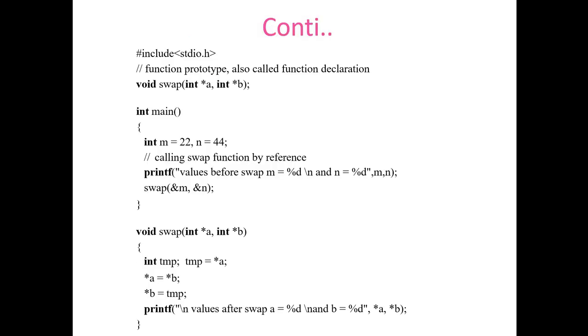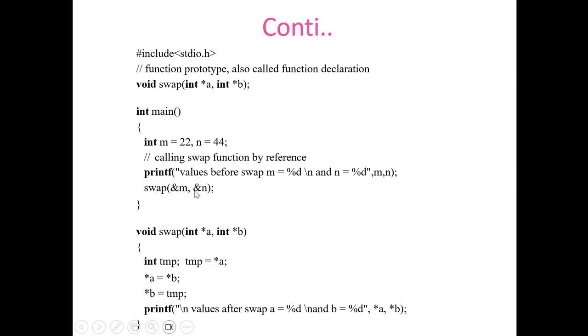This is the same swapping program. And this is the function declaration line. In this function declaration line, pointer variables are declared. The address of a will be passed and then the address of b will be passed.